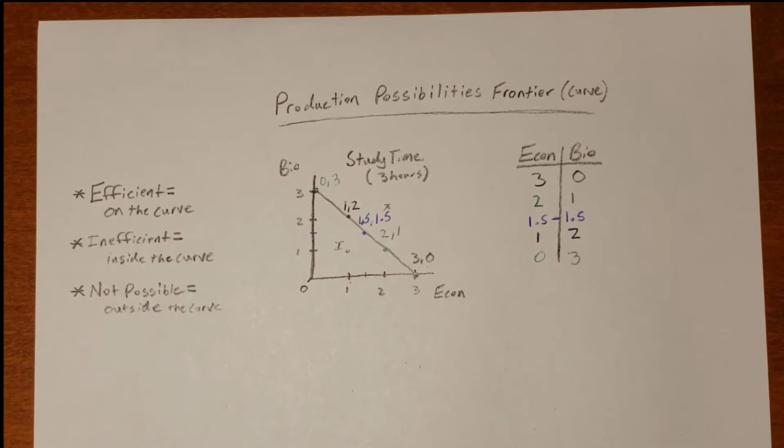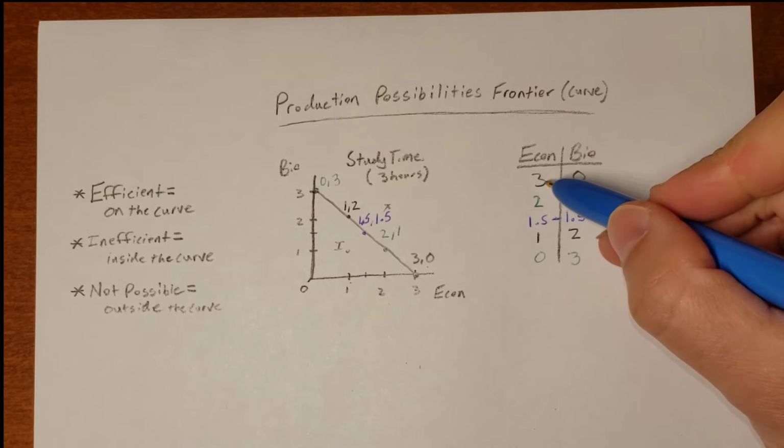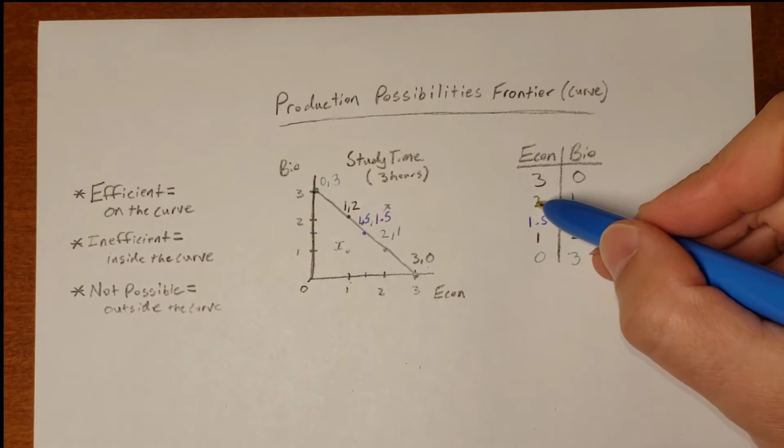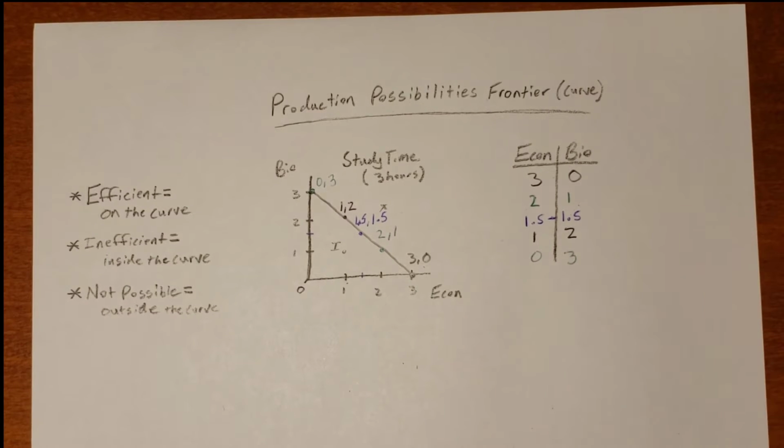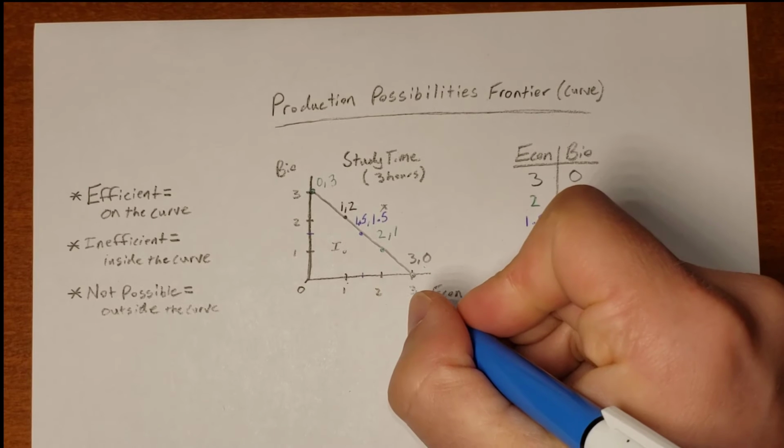Another concept that we want to bring into the fold here is the idea of opportunity cost. Notice that when we went from 3 hours of economics to 2 hours of economics, we gained 1 hour of biology, so we could just look at it right here.